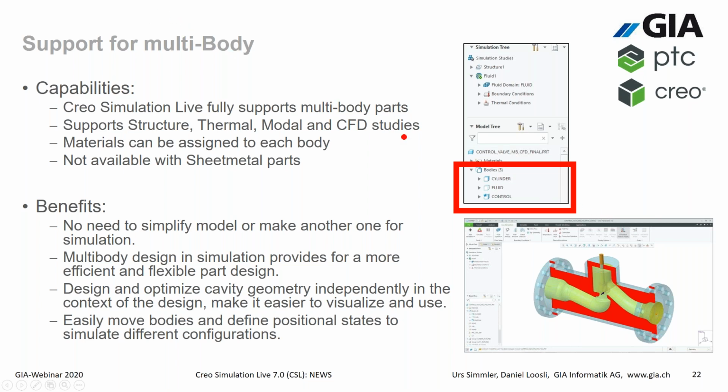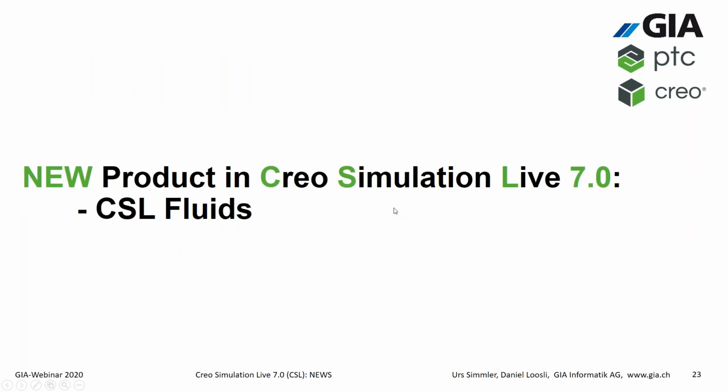But the multi-body is also available in the normal product of Creo Simulation Live, because Creo Simulation Live Fluids, sometimes you will also see the name Creo Simulation Live Plus, is an additional, new product.